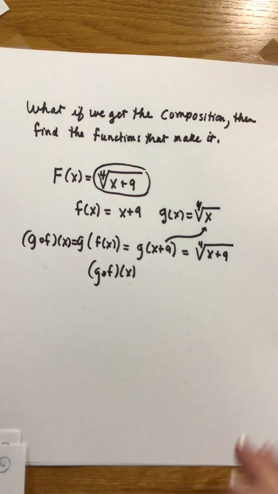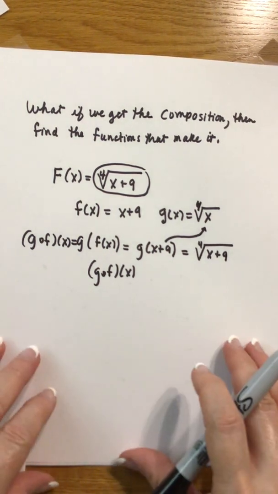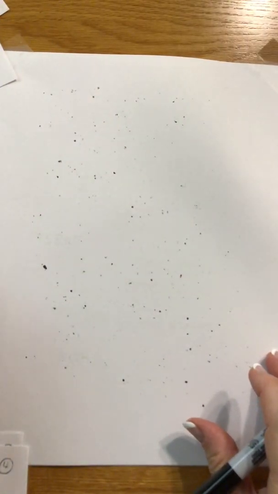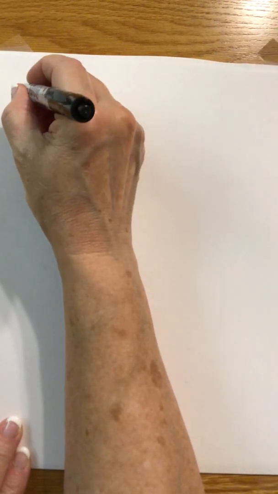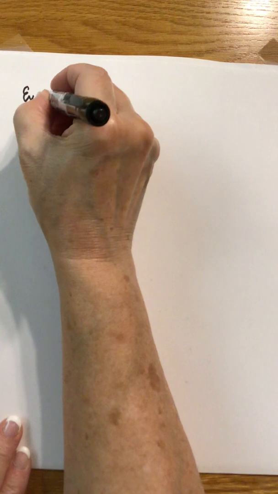Okay, the next one we're going to look at is an application problem. So I'm going to go ahead and switch this page out. So we're going to look at example 7, page 215.